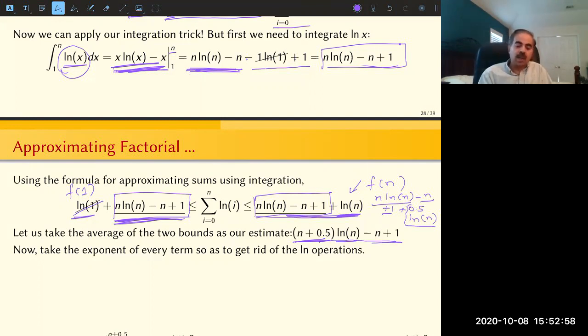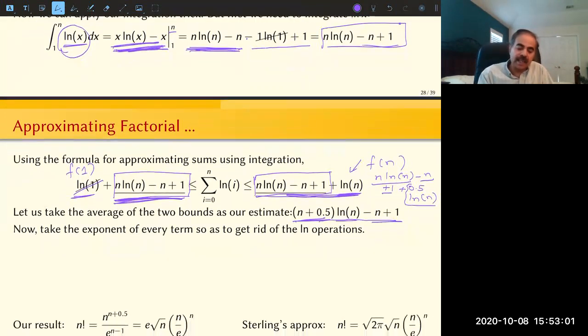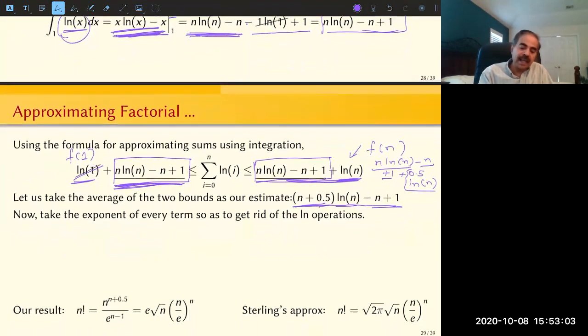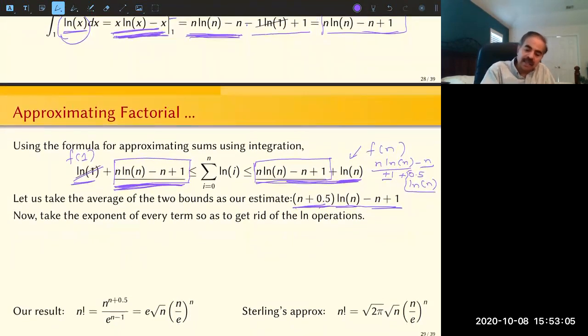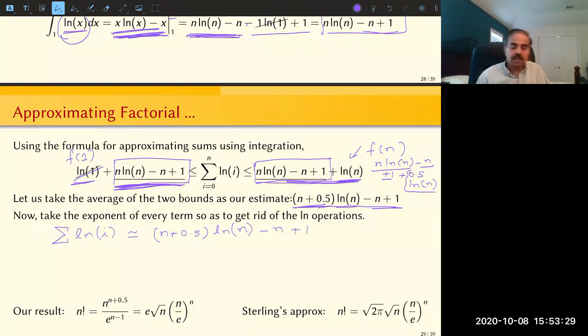So what we have is sigma ln i is approximately equal to n plus 0.5 ln n minus n plus 1.